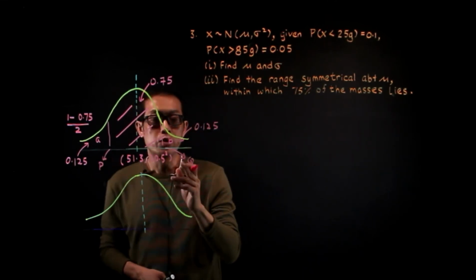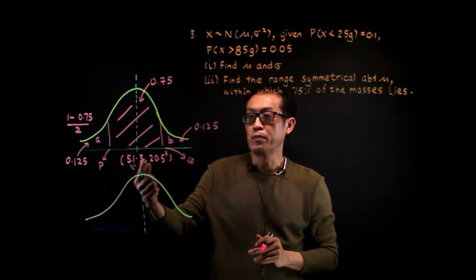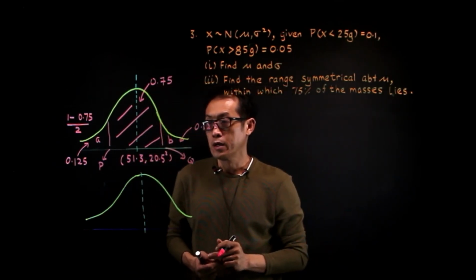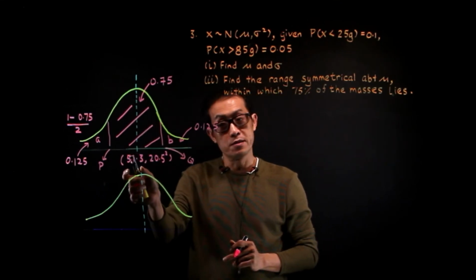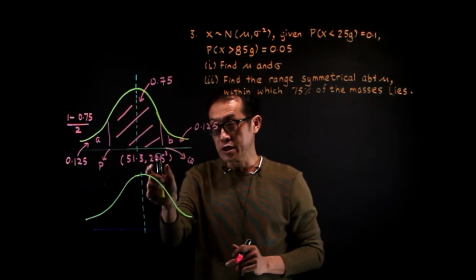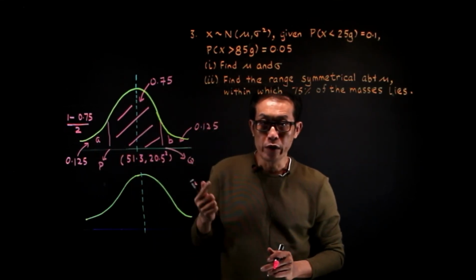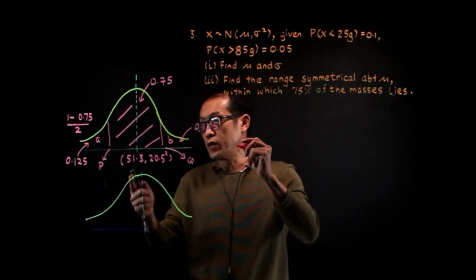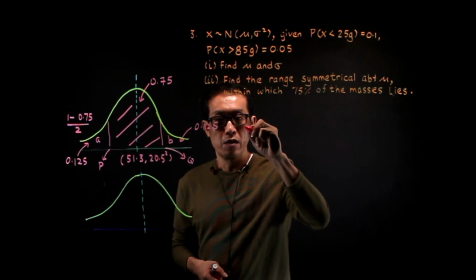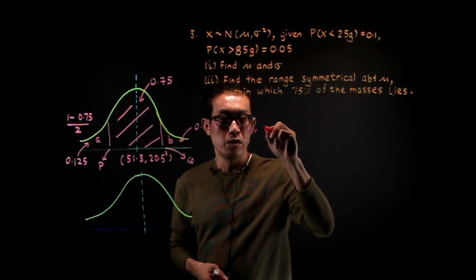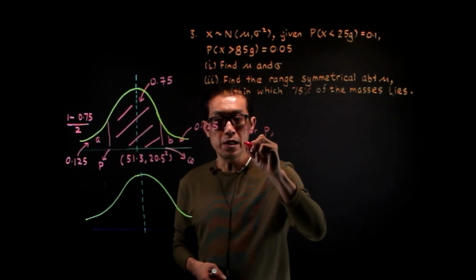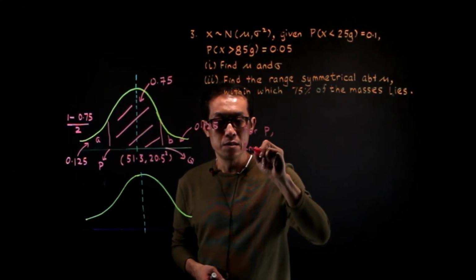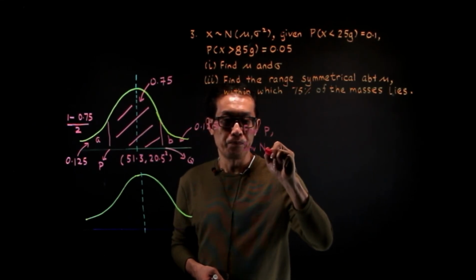So how are we going to find the value of P and Q? Very simple, since we know its mean and standard deviation, and we know the area, we can use the inverse normal. So for point P, you simply use inverse normal.